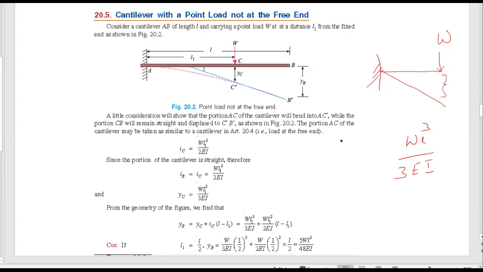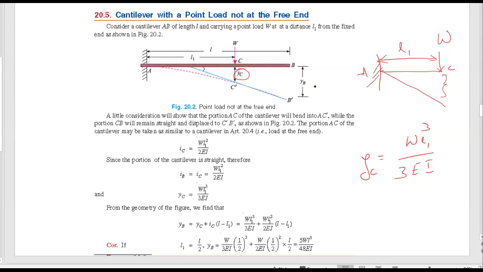Where L is now L1. Therefore, considering only the length between A and C, the deflection at the point C is nothing but WL cube by 3EI, where L is nothing but L1 here.